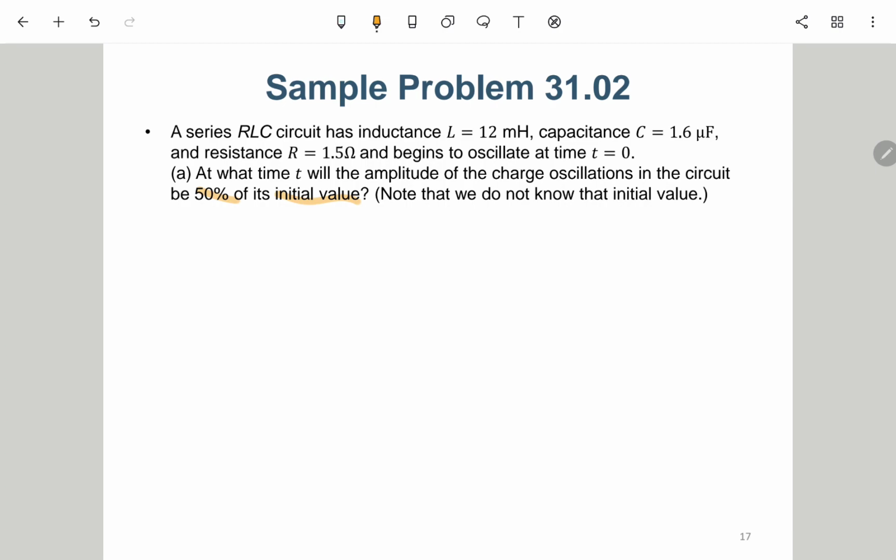Because it actually asks about the charge, the amplitude of the charge. So what does it mean by the amplitude of the charge?